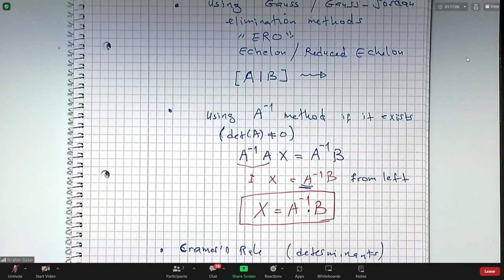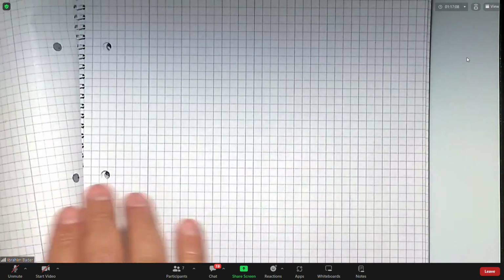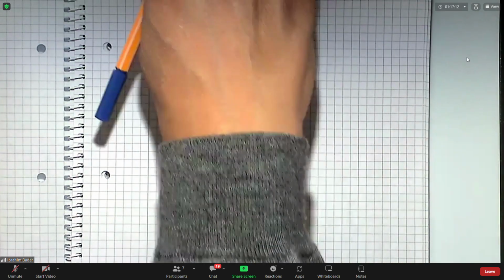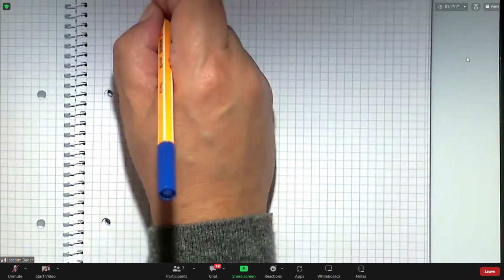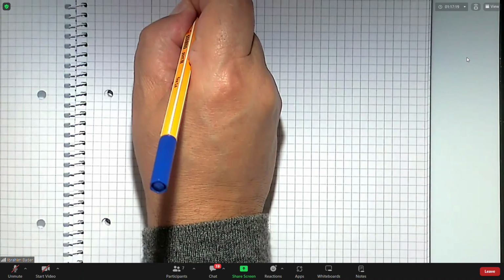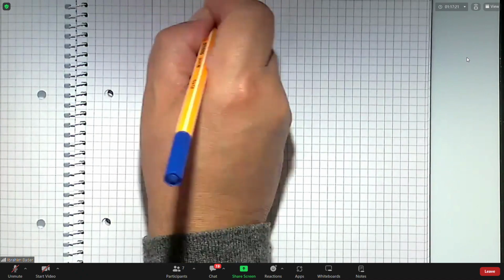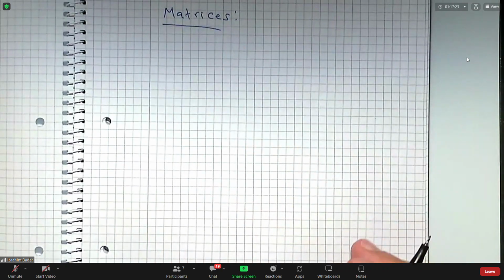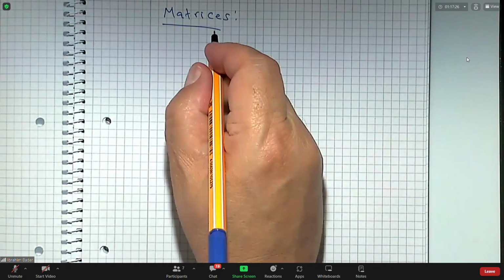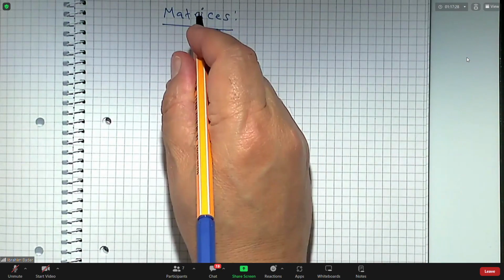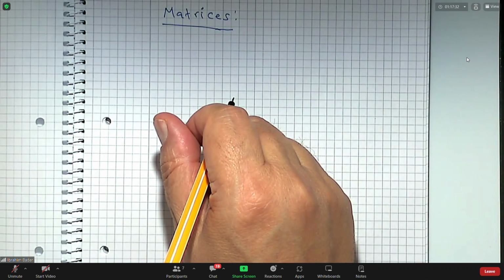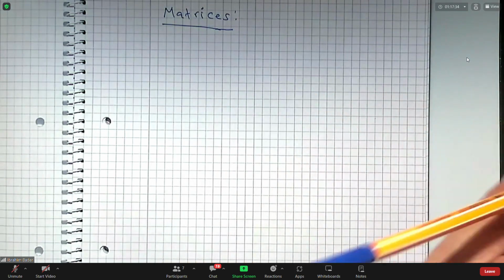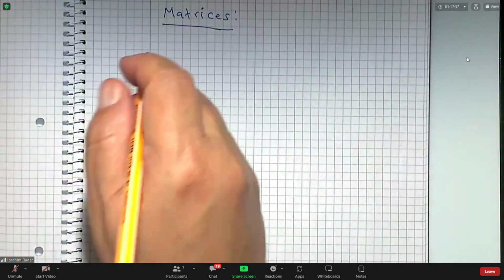Now, another thing that we learned in this chapter is working with determinants, and working with matrices was also a topic. I just want to remind you about two things when working with matrices. The first fact concerns matrix arithmetic.